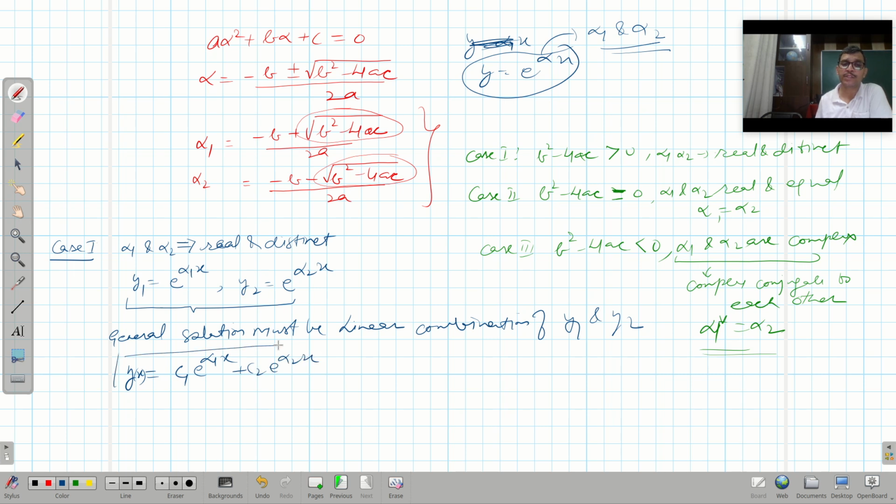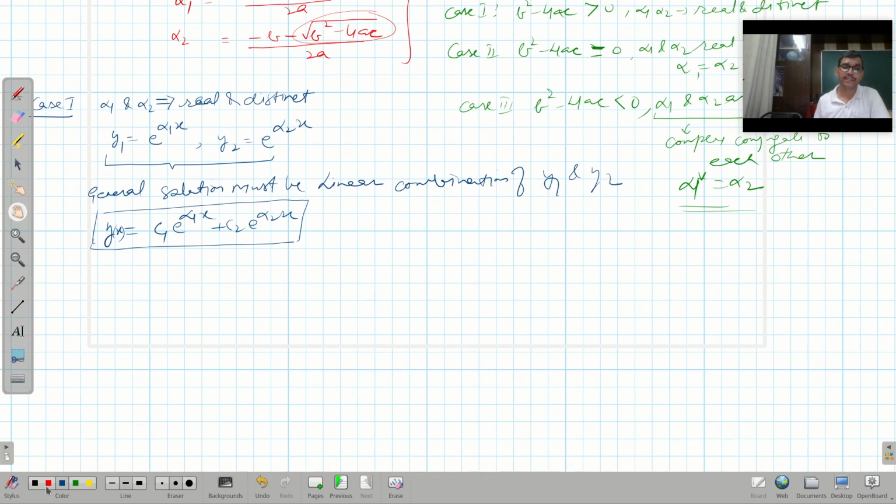So this is the solution when the roots are real and distinct, and we can prove it also. If these two are possible solutions of the given differential equation, then their linear combination is also a solution of that equation.